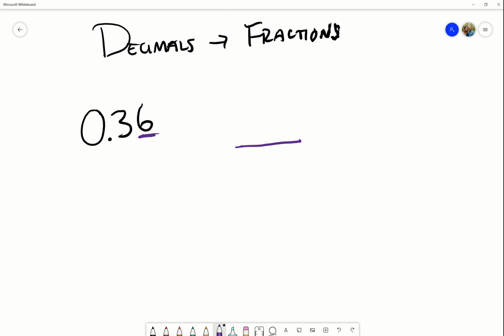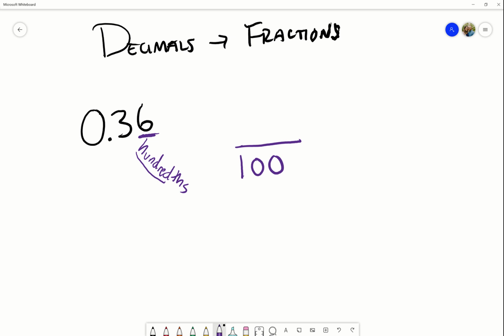And this number 2 places in from my decimal point is what place value? Yes, this is the hundredths. And since it's the hundredths, my denominator is going to be 100. If it was in the tenths, my denominator would be 10. If it was in the thousandths, my denominator would be 1,000.